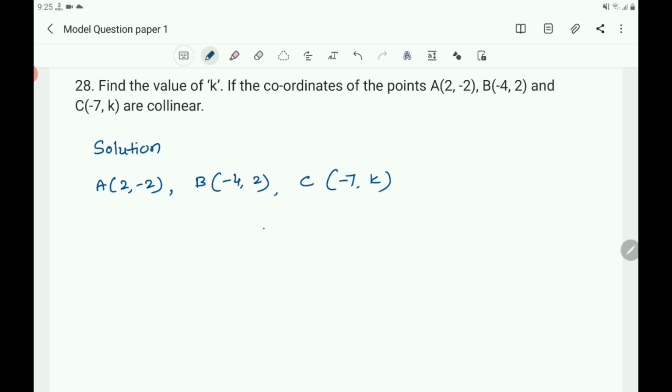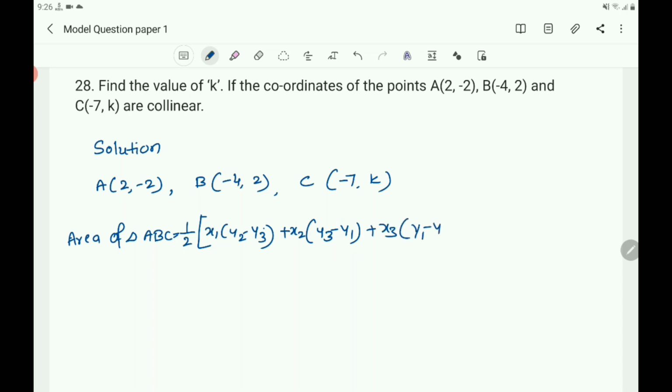Then area of triangle ABC equals, what is that formula? 1 by 2 into x1 into y2 minus y3 plus x2 into y3 minus y1 plus x3 into y1 minus y2.